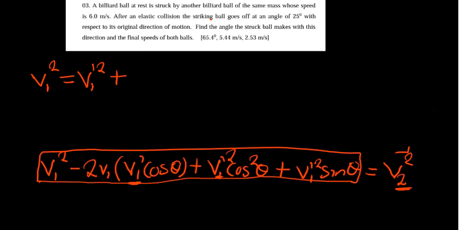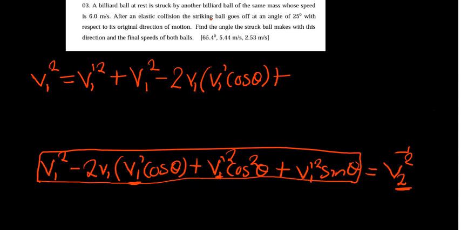Now on v2 we're going to put this, which is just v1 squared minus 2 v1 initial multiplied by our v1 final cos theta plus our v2, plus our v1, that's v1 not v2.